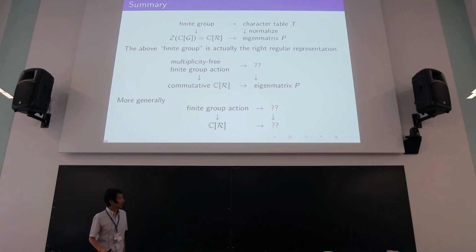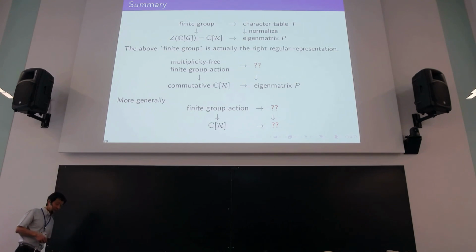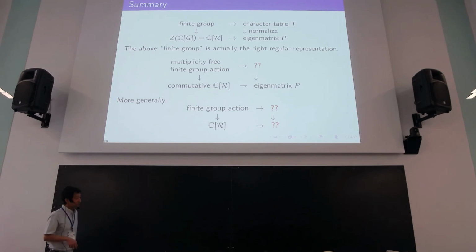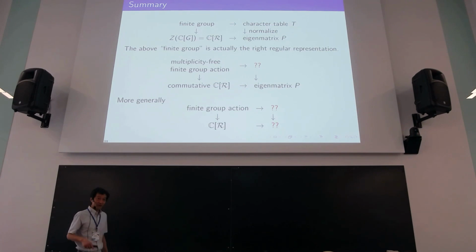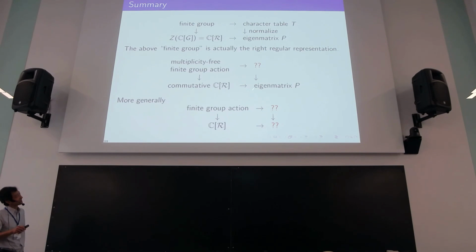Adjacency matrices are certainly a basis of the algebra, but the central primitive idempotents are a basis only of the center, not the entire algebra. But still, the center is a part of the adjacency algebra, so it should be possible to express the central primitive idempotents in terms of the adjacency algebra. That's a kind of specialization or generalization of the eigenmatrix.